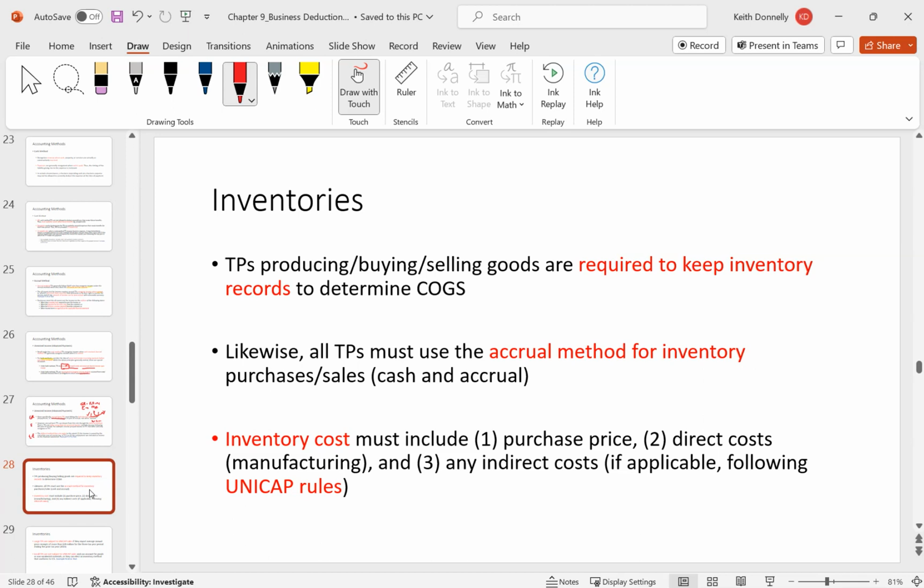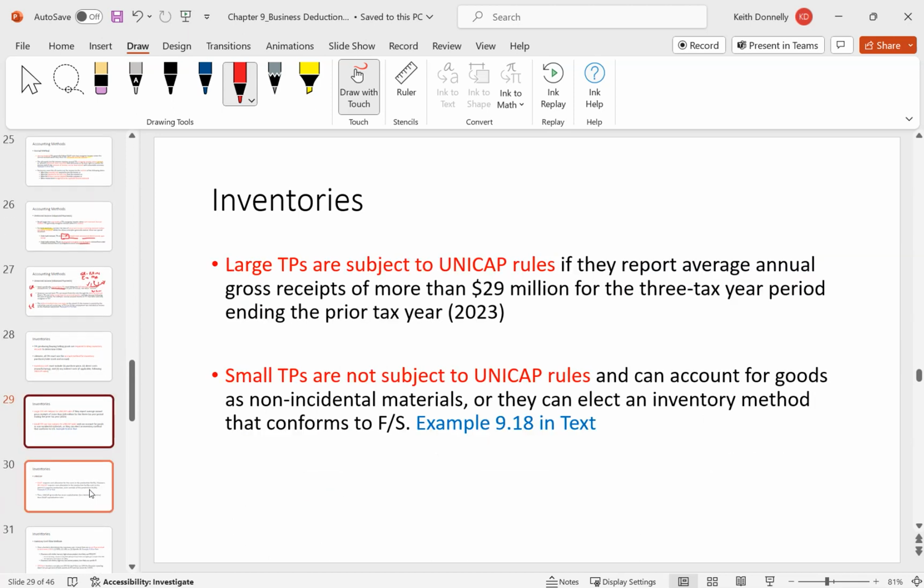Let's talk a little bit about inventory. Just like with your financial accounting, you're going to have inventory for tax. You need to account for it. You need to determine cost of goods sold. One of the things with inventory that's interesting is that you have the UNICAP rules.